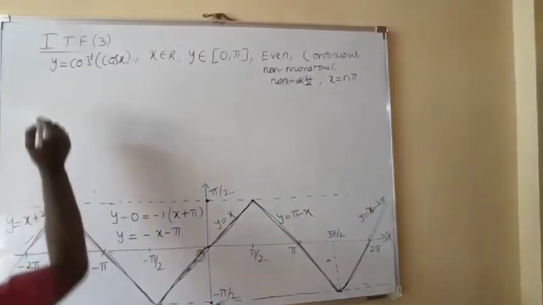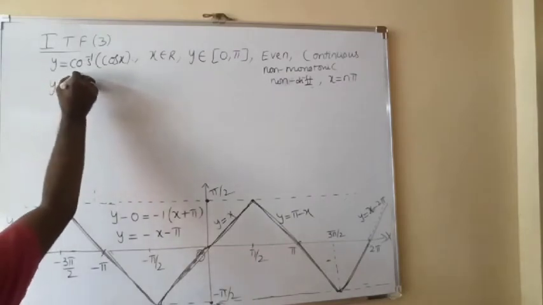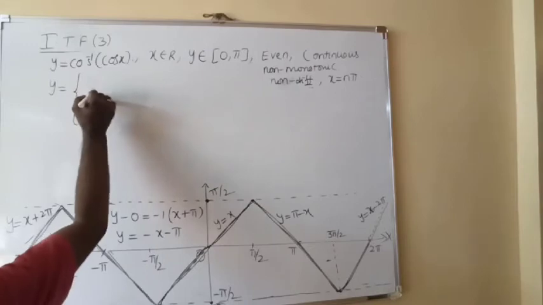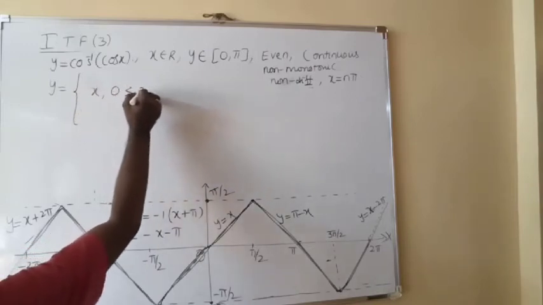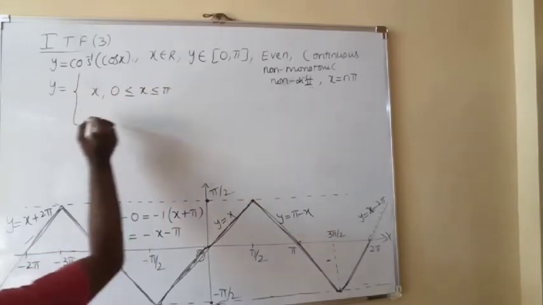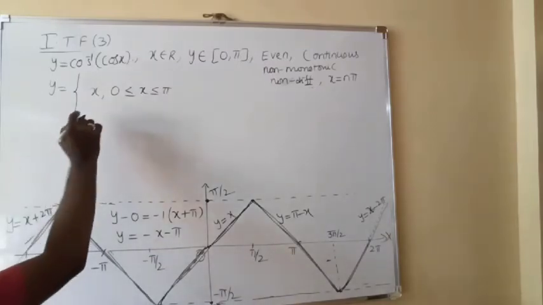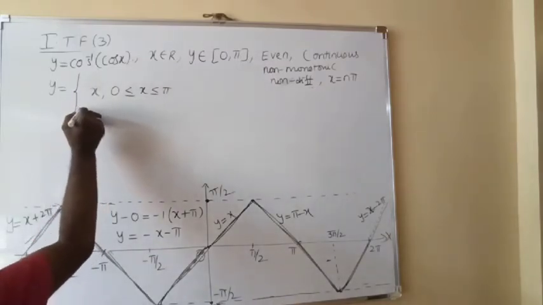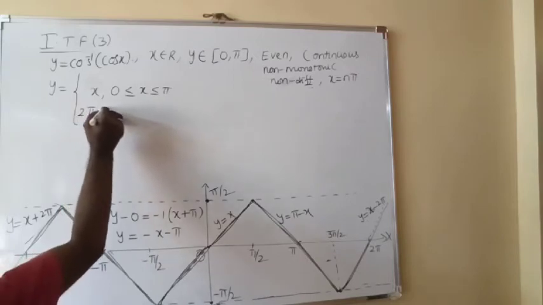And what are the branches? So I am writing directly. It is equal to x when x is lying between 0 to pi. And here also branch slope 1 and next slope minus 1. So 2 pi minus x.